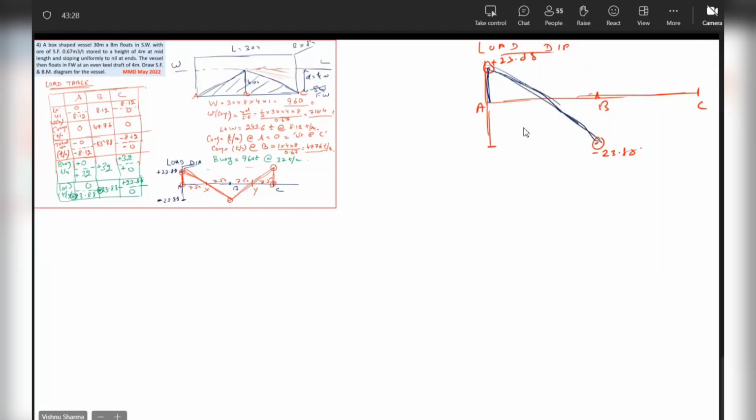The change is already done now. Rest everything is what we learned yesterday, right? Each one of these triangles has a base of 7.5 meters. Now what do you see? My load diagram has 4 triangles, 1, 2, 3, 4. All the 4 triangles are exactly identical.